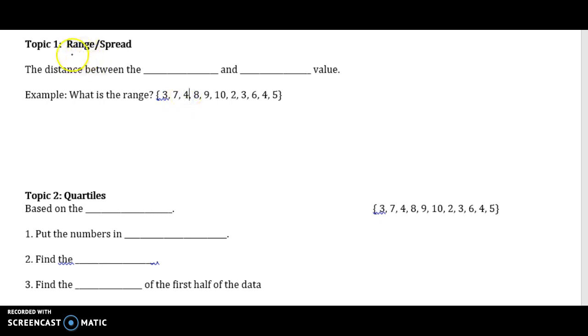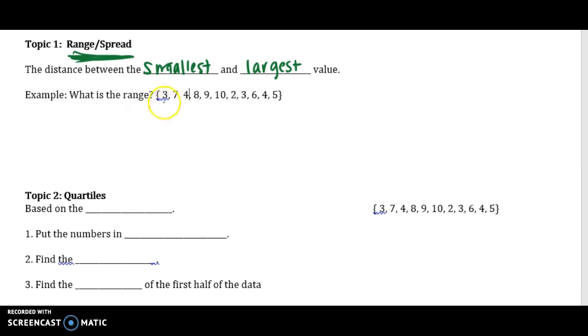A range and a spread are basically the same thing. It's the distance between the smallest and largest value. So if you're looking at these numbers, you want to figure out what the range is.